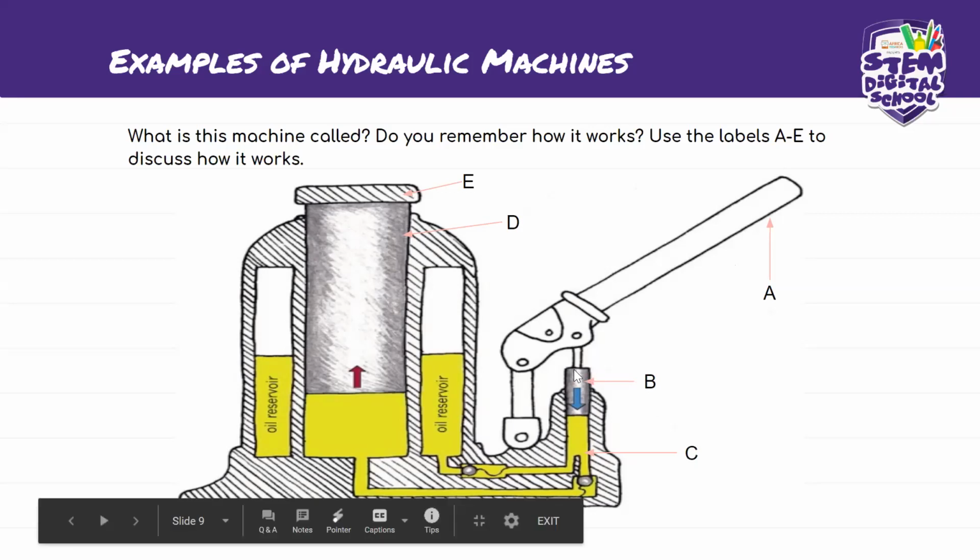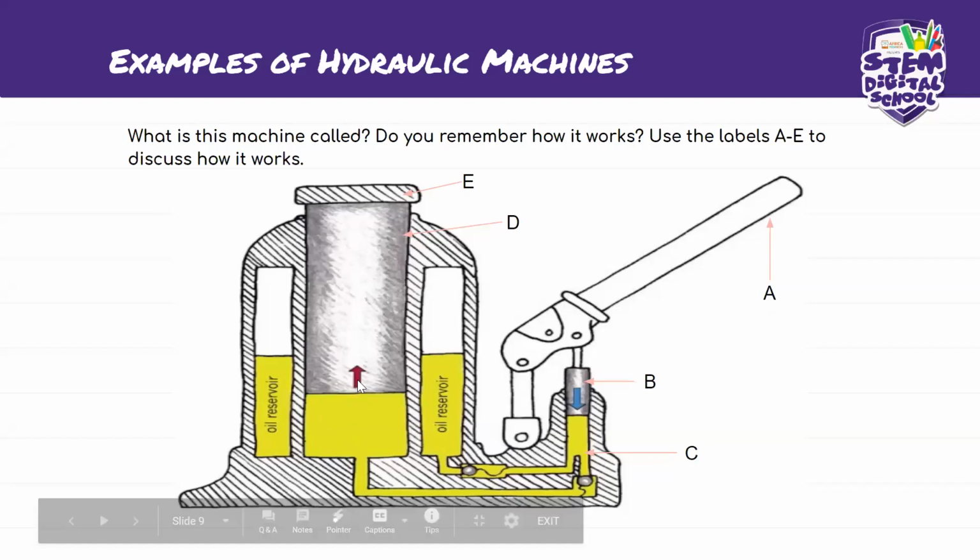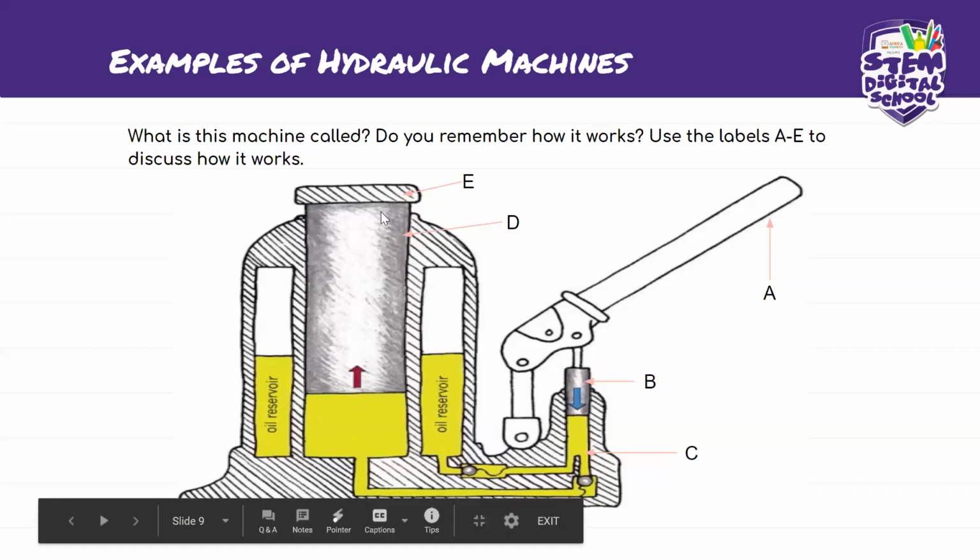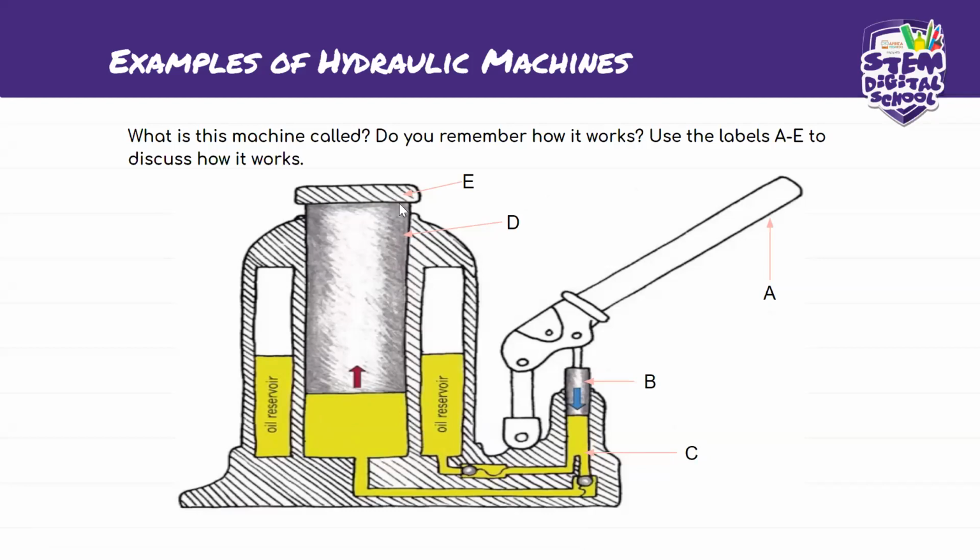When the input cylinder is pushed down, it exerts force on the hydraulic fluid. The hydraulic fluid, when pushed, will open up the valves so that it goes from the oil reservoir to the output cylinder. Then the force will push the output cylinder up, lifting the object that is attached to the ram.